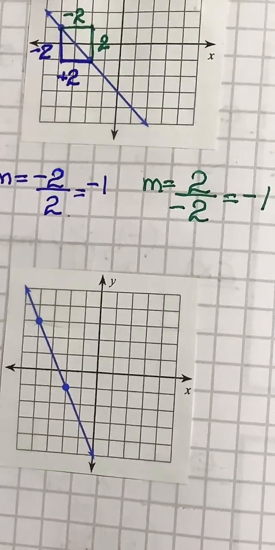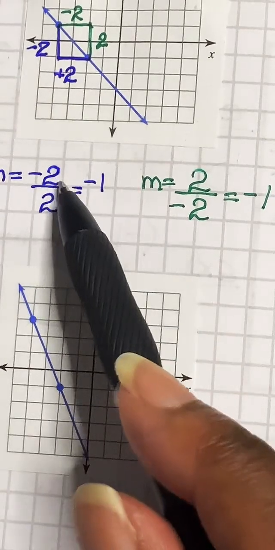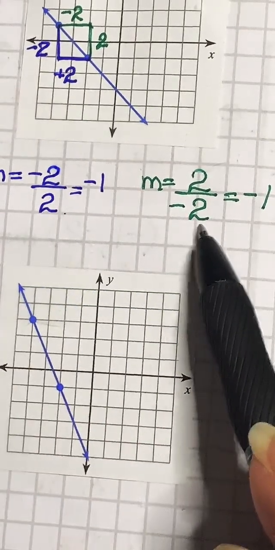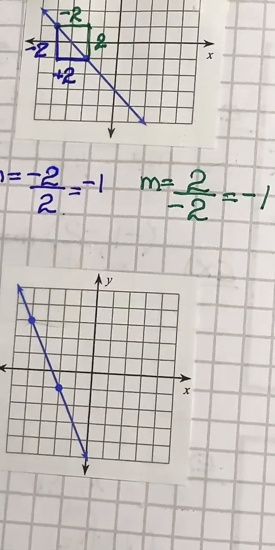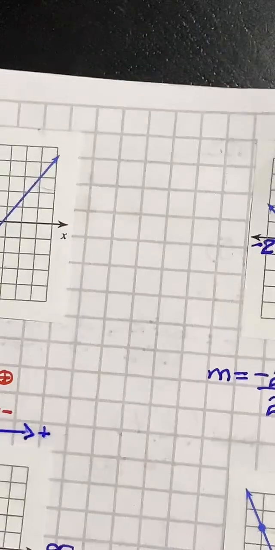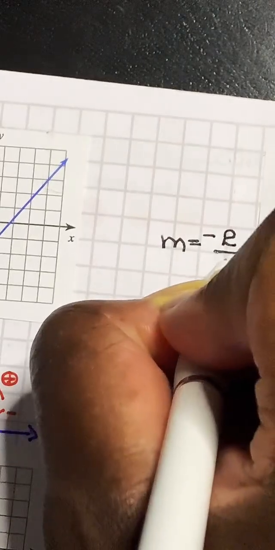Go get a pass. Okay, so this kind of shows that no matter what, the numerator or the denominator has to be negative. Now, there's going to be times you're going to see in your books when they talk about slope, they're going to say, all right, m is equal to negative, let's say 2 over 3.